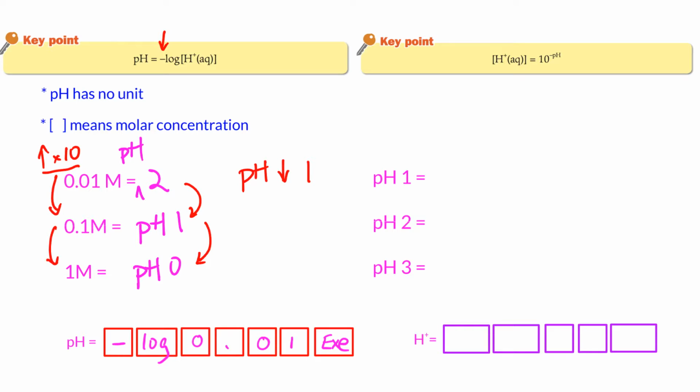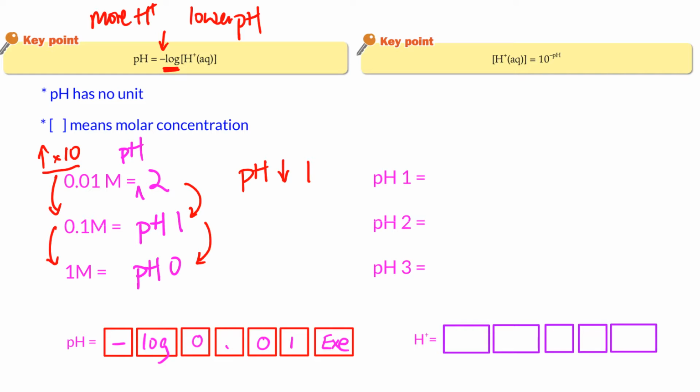That means more H plus, lower the pH. Secondly, because this is based on log, whenever the value of pH decreases by 1, the concentration will be increased 10 times. So this is the property of the pH value.